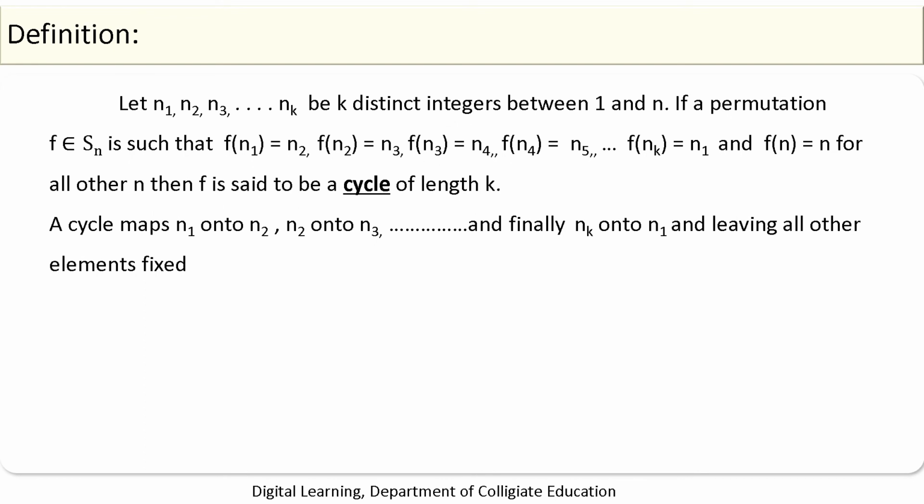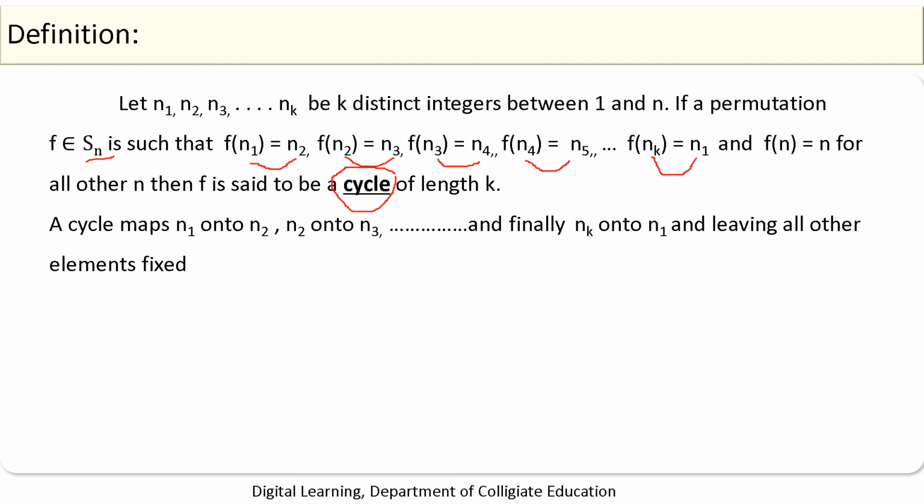Now, what is meant by a cyclic permutation? We define it now. In any set, say Sn, the permutation F is said to be a cyclic permutation if N1 is mapped onto N2, N2 is mapped onto N3, N3 is mapped onto N4, and so on, and the last element Nk is mapped onto the first element.